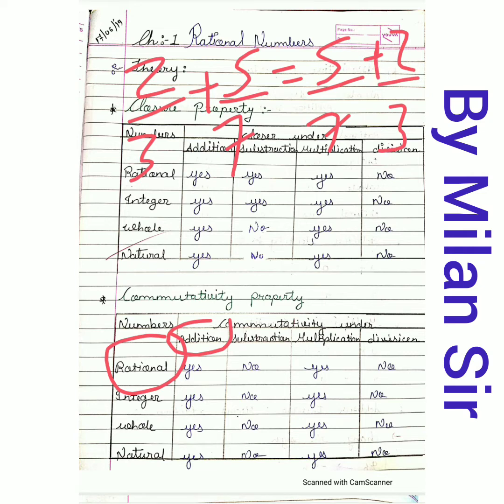Addition is always commutative for all types of numbers: rational, integer, whole and natural. So you can change the order in the addition process.